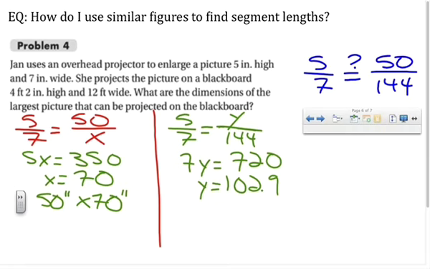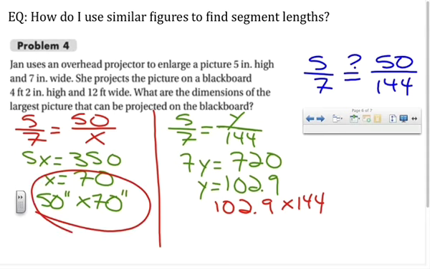Which, as we mentioned earlier, this enlargement, notice its dimensions. This enlargement would be 102.9 by 144. You see that it wouldn't fit. It's too big for our 50 by 144 blackboard. Okay, so this is our answer. This is the largest picture that can be enlarged onto that blackboard.